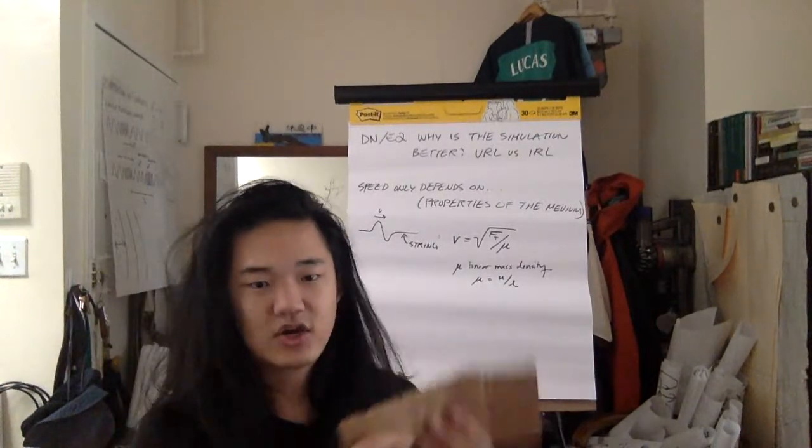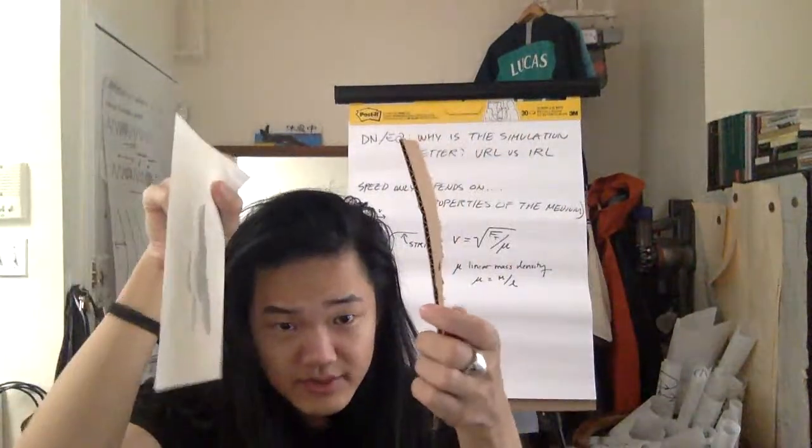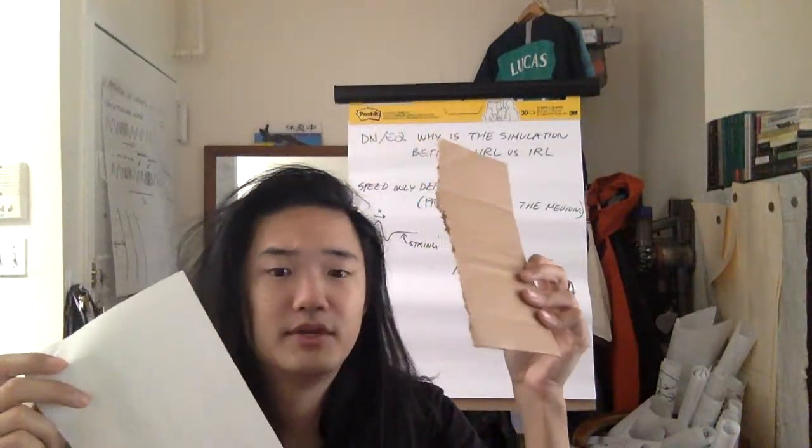I get this cardboard piece, right? Out of these two materials, this has a much higher mass per unit area, kilograms per meter squared.